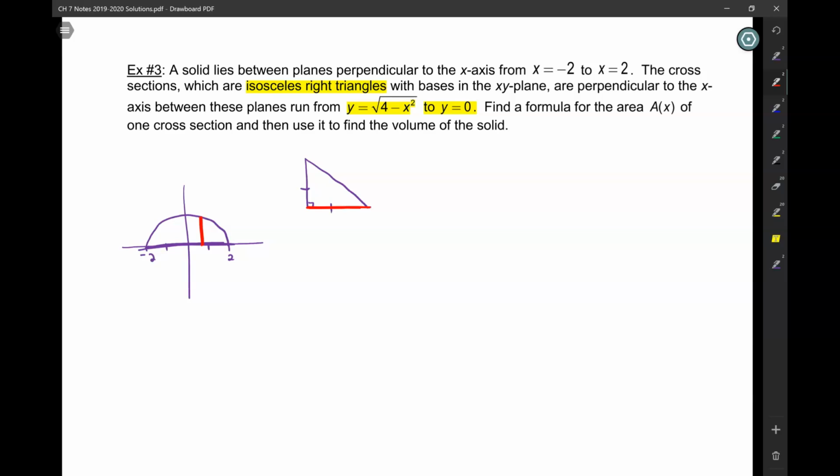So now that red line in the graph here is y, which is the square root of 4 minus x squared, minus 0. But that's just the square root of 4 minus x squared. If it goes from the x-axis to the graph, it's the length of y. So this is the square root of 4 minus x squared, and so is this. So the area of the cross section then is half base times height, so it's the square root squared.